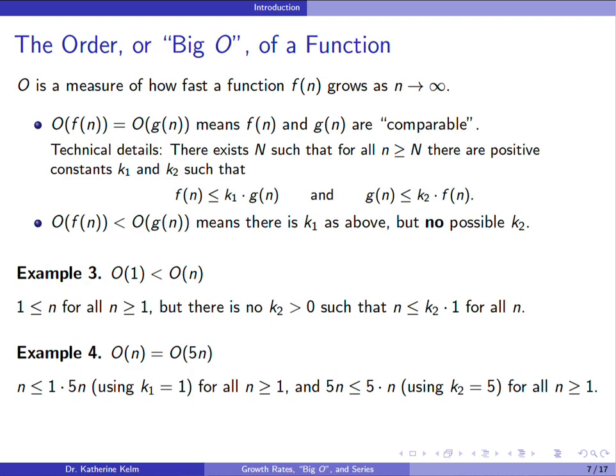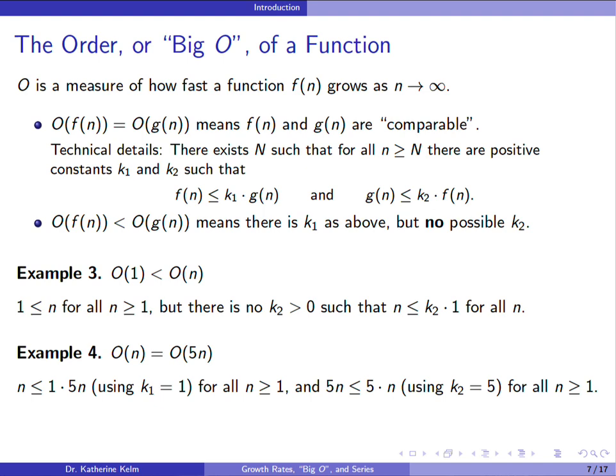Big O comes from the word order. So the order of a function is a measure of how fast a function grows as n gets big. So when we say big O of f of n equals big O of g of n, that means that f of n and g of n are comparable in their growth rates.